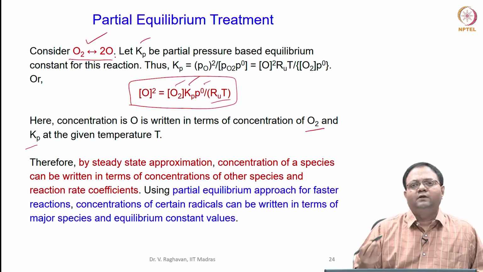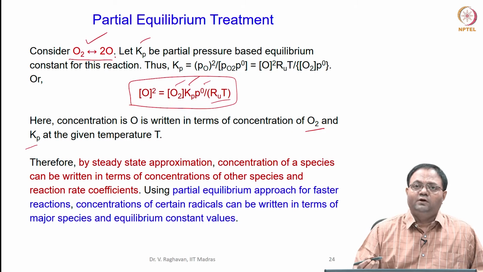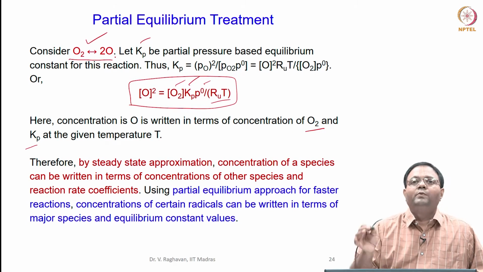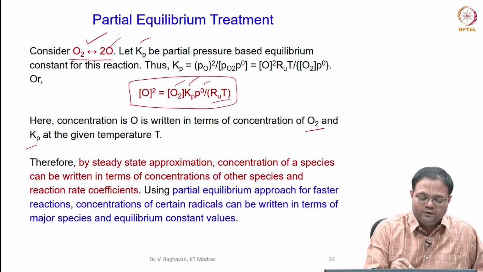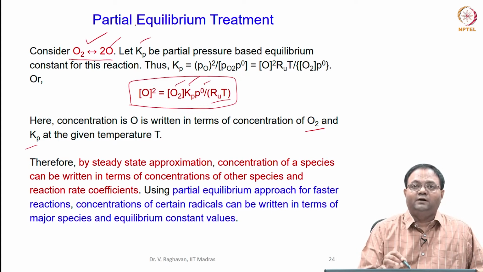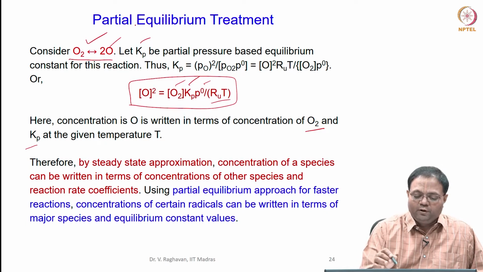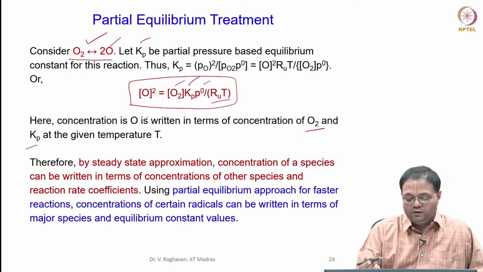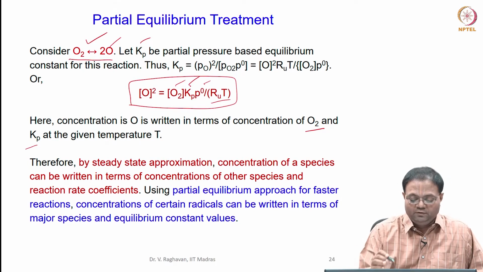We can also consider other reactions which are much faster, and those reactions can be assumed to be in partial equilibrium, so that the concentrations of some other radicals can be calculated using the concentration of other species, temperature and so on, and Kp basically.